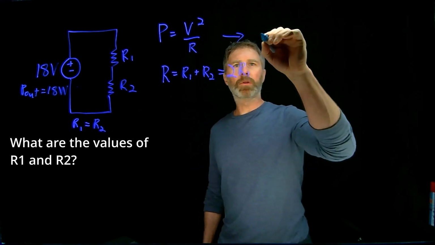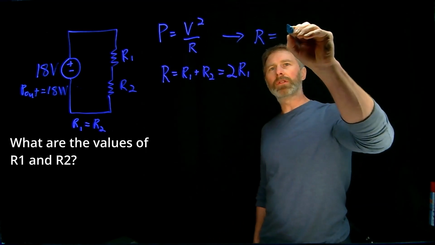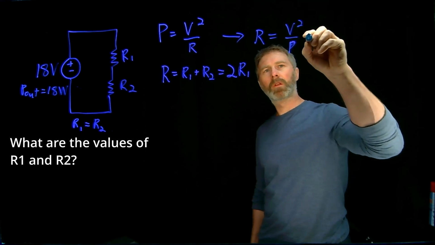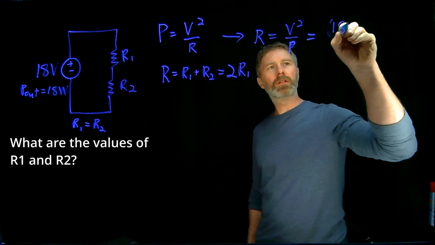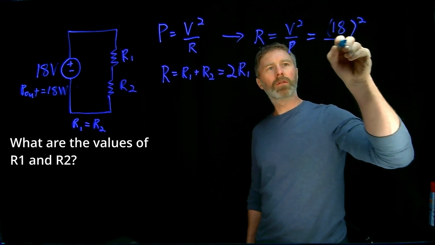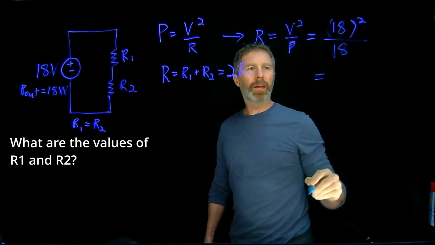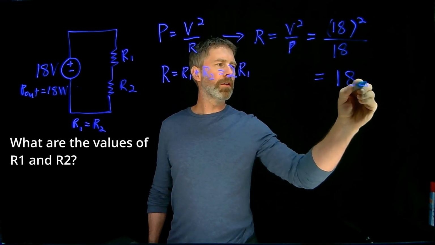So rearranging the equation, we get resistance is equal to V squared over P. The voltage is 18. We've got 18 squared over 18 watts. And that's going to work out to 18 ohms.